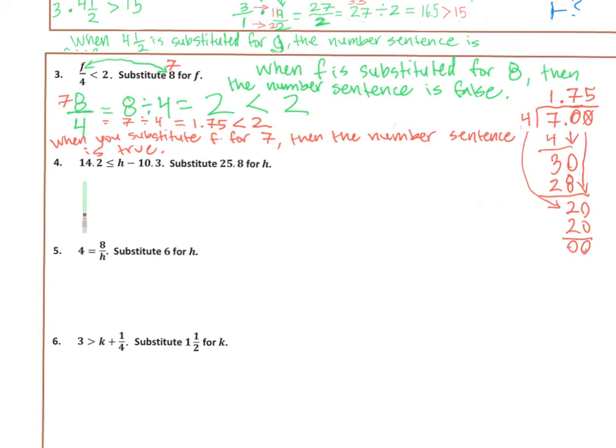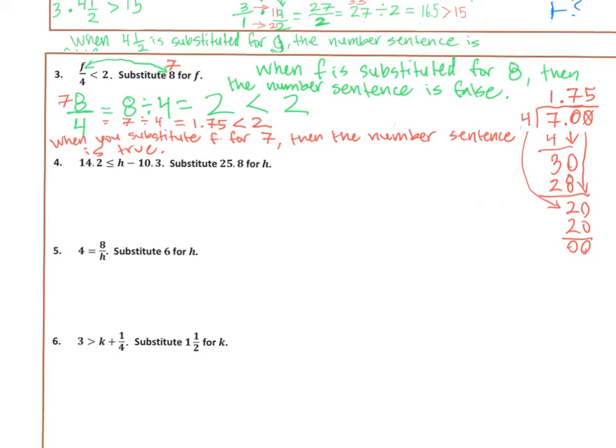This number sentence says 14.2 is less than or equal to h minus 10.3. And we're asked to substitute 25.8 for h. So now we're doing a little bit of subtraction using decimals to the tenths place.